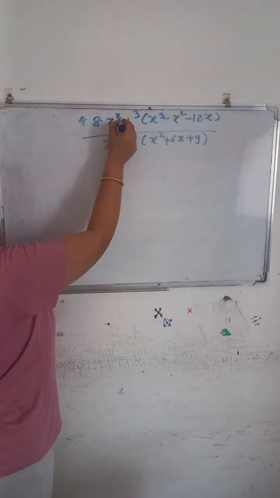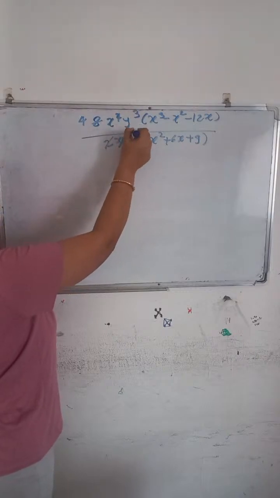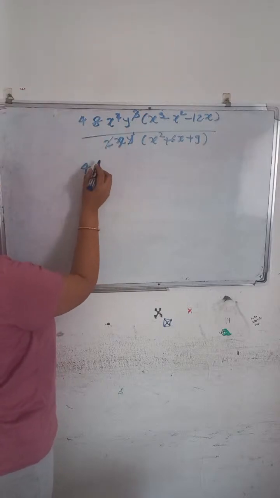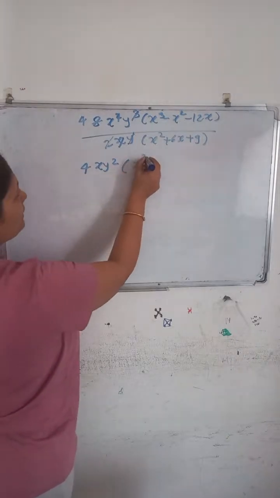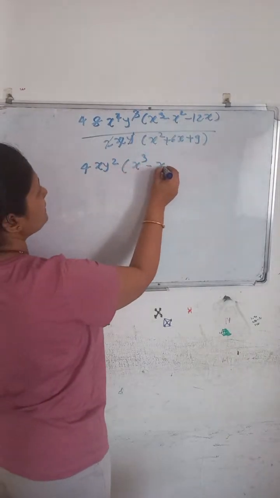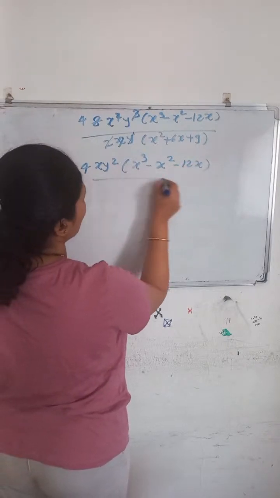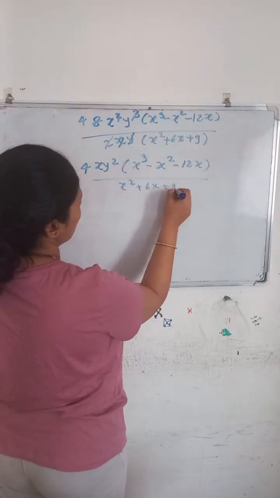Here 1x and this x get cancelled. Y raised to 3 minus 1 is 2. So here it will become 4x y square will remain, and here you will get x cube minus x square minus 12x divided by x square plus 6x plus 9.